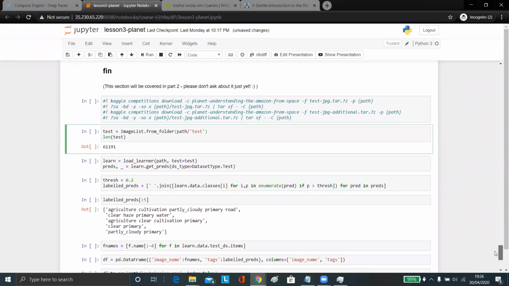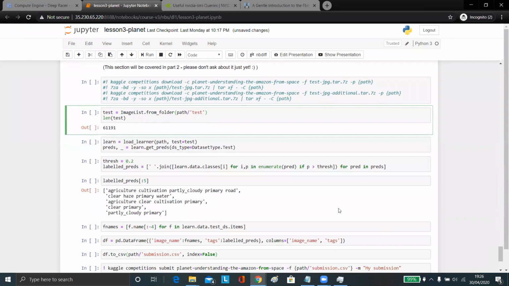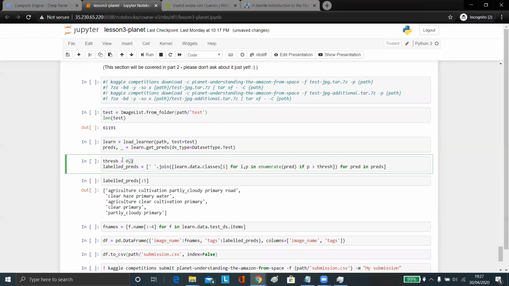Just for consistency's sake, I would then take that line, threshold equals 0.2, take it out of here, move it up there, and just use that everywhere. So you don't have to repeat yourself if we ever change it.